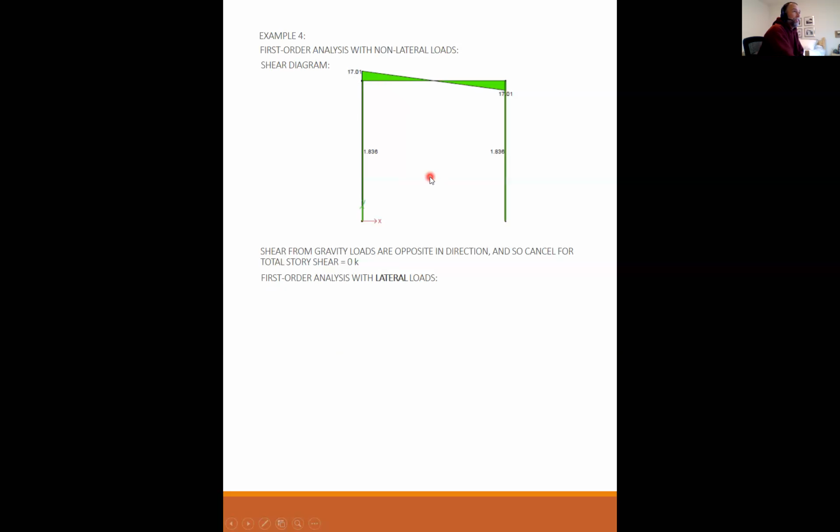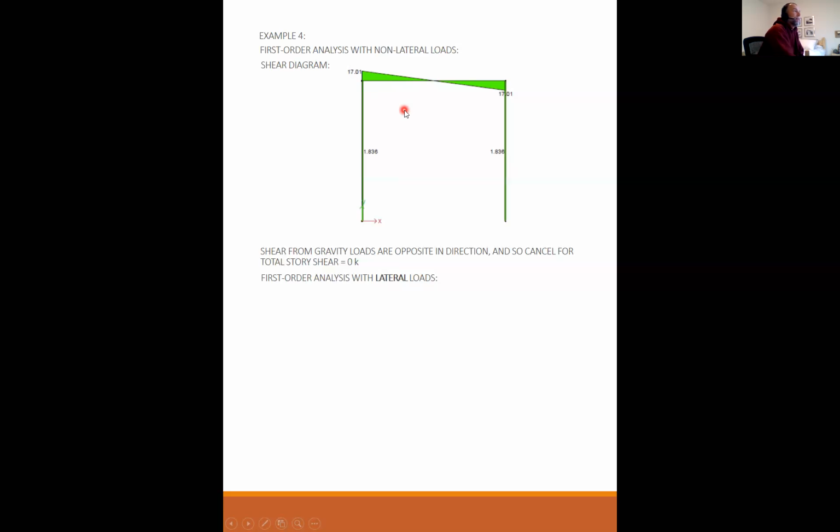A second order analysis would push this thing over by the amount that you've pushed it over, but then it looks at it and says, oh, well, this axial load is now this much farther from the center of the reaction down here. That causes more bending, which is going to cause more deflection.